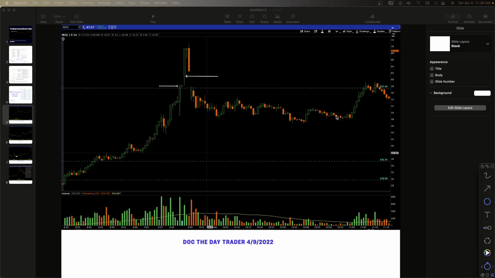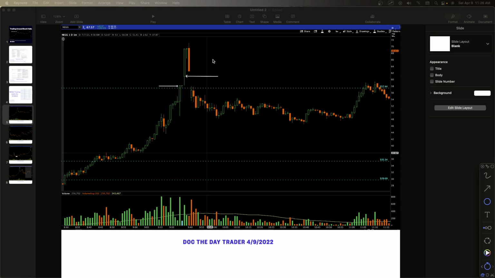What can happen is after this particular halt happens, buyers will put in an order. I don't know exactly what level that is. Let's just say it's 58 bucks. So you have buyers that were not able to get in prior to the halt, and they'll put a buy order in at that level, hoping for it to come back down, fill that gap, and pick them up for the ride back up.